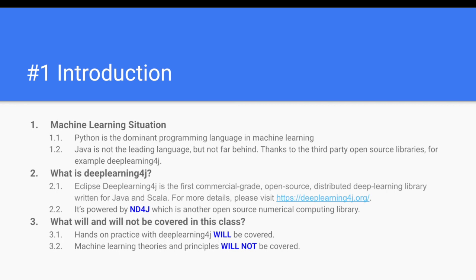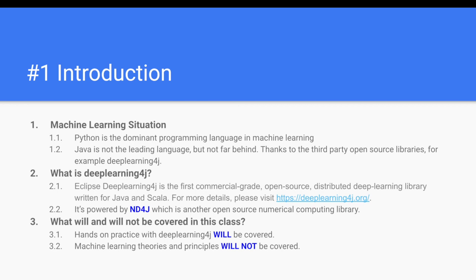But Java is still the one you can choose. It's not a leading language, but not far behind. You can see, for example, Deeplearning4J. That's a very successful third-party open source library. By using that, you can also do machine learning in Java.